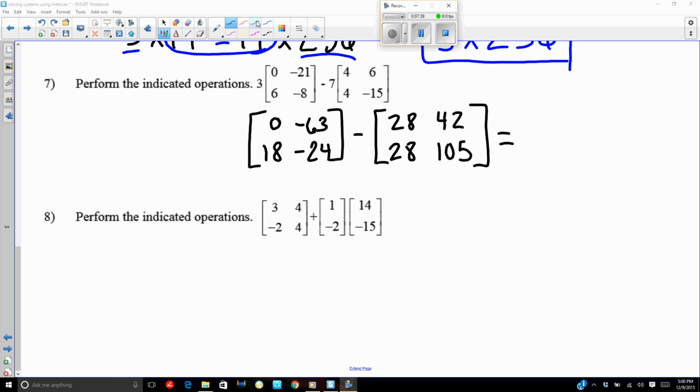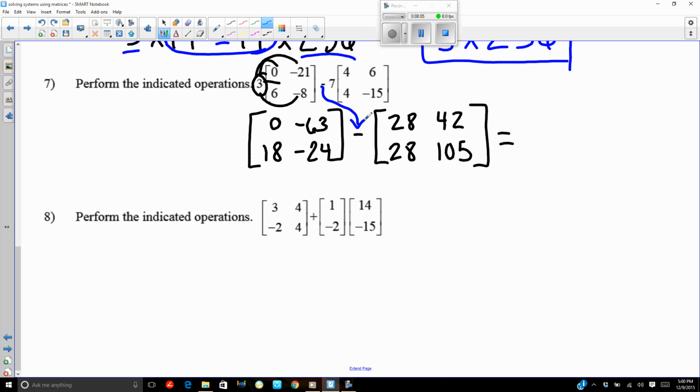All right, so I've started this problem already. All I've done here is multiplied everything in the first matrix by 3. And that's how I got 0, negative 63, 18, and negative 24. Second one, you got to be careful on it. It's a 7 with a subtraction sign in front of it. There's different ways to do this, but the easiest way is drop that subtraction sign down below like I did there.